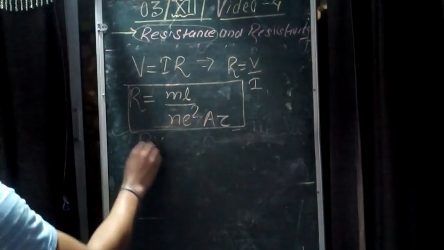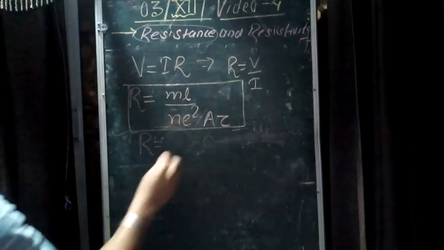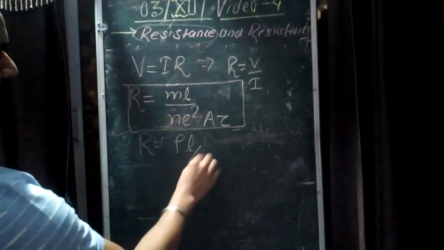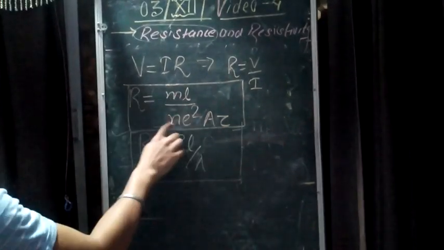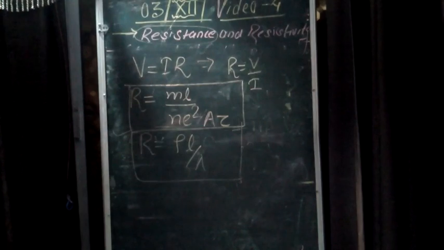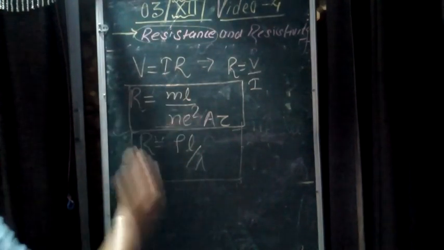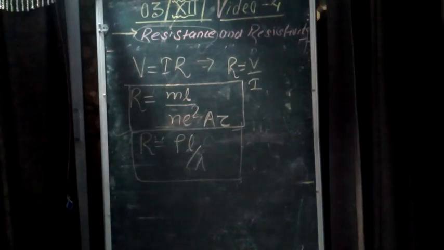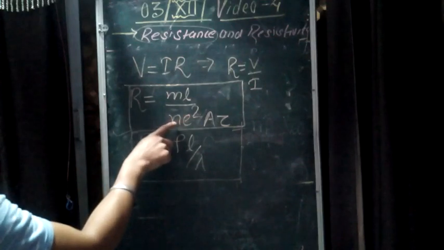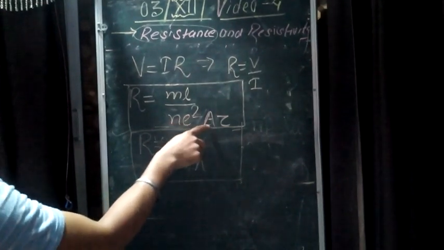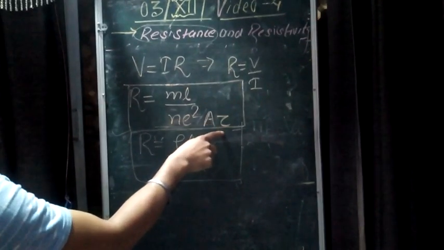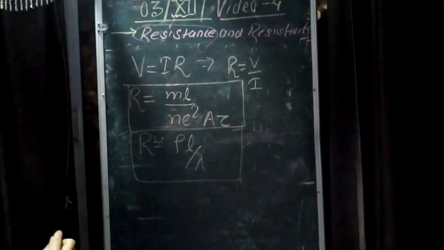Now we can write R in two ways, that is rho L by A, and R is also equal to mL upon n e square A τ. Now if we take temperature constant, then at constant temperature there is no change in n, no change in e, τ is constant, m is always constant, and length is also constant.